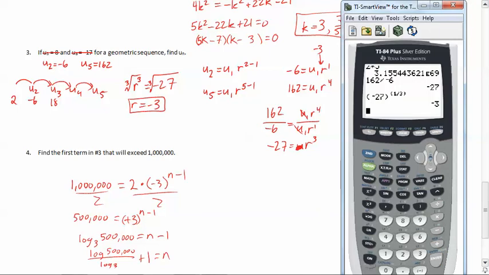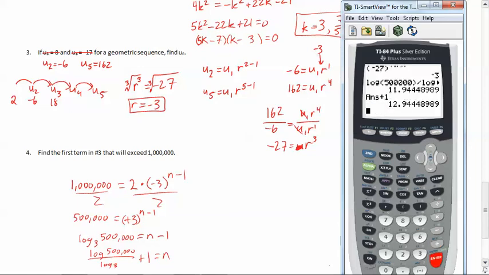So we'll go log of 500,000 divided by the log of 3. We'll add 1. So we get 12.9.